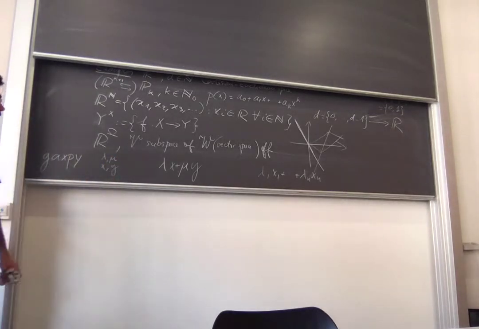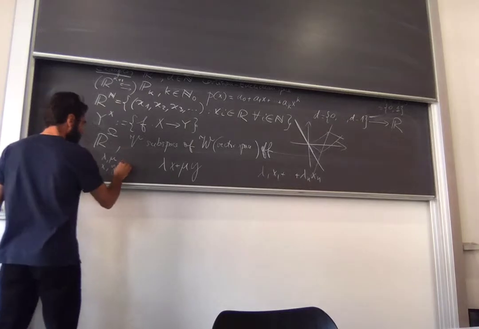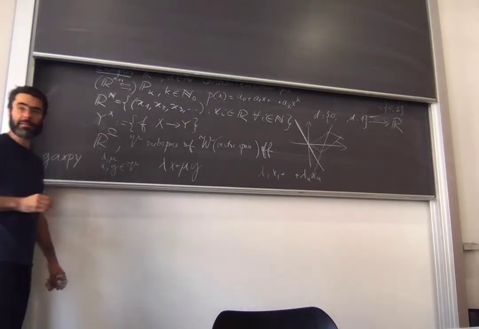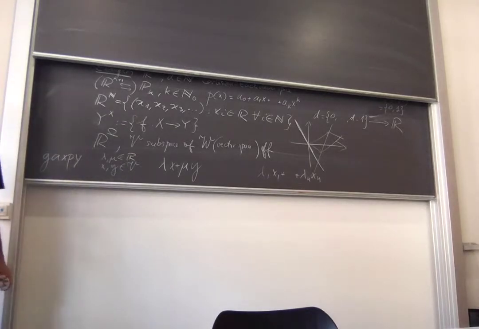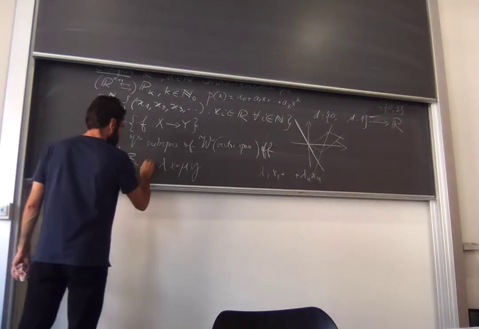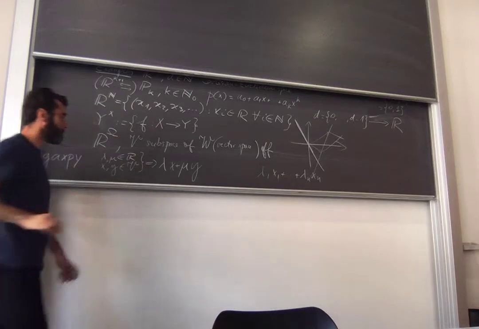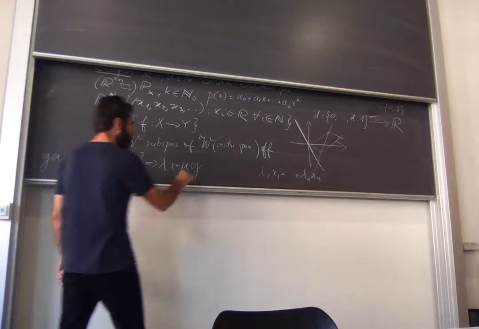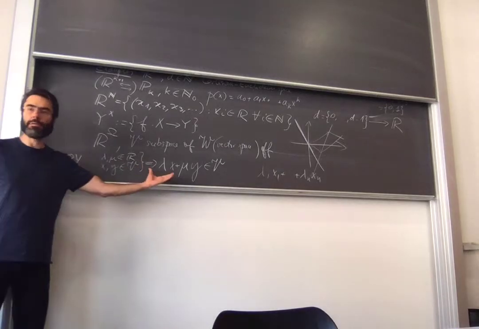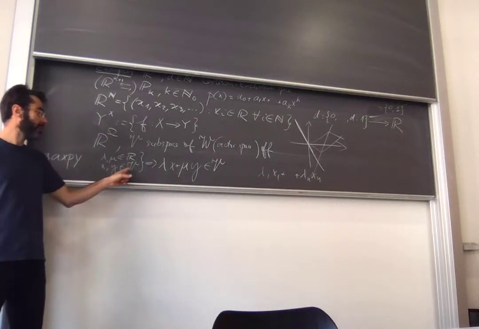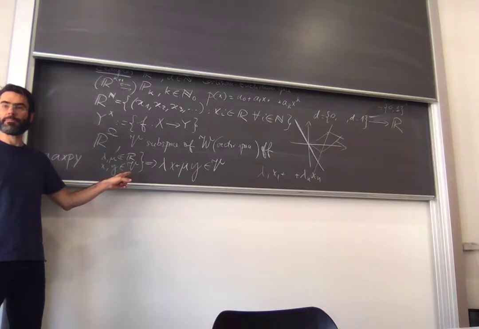Then you take two elements of the subspace, and these are, of course, scalars, and this implies that lambda x plus mu y also belongs to V. In symbols, this is the fact that V is closed with respect to linear combinations.